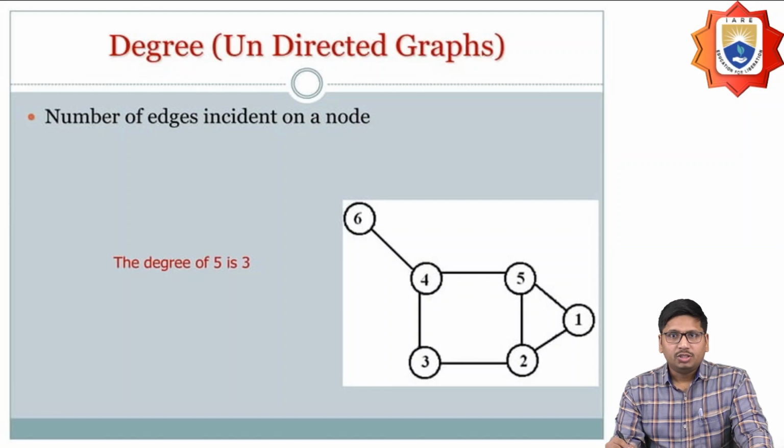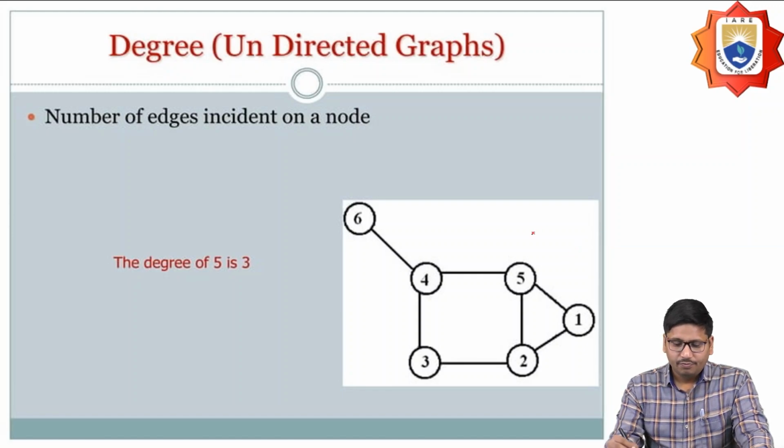And next, what is the degree of the graph? The number of edges that are connected to a vertex is said to be the degree of the vertex. Suppose I consider 3, what is the degree? 3 and then 2.